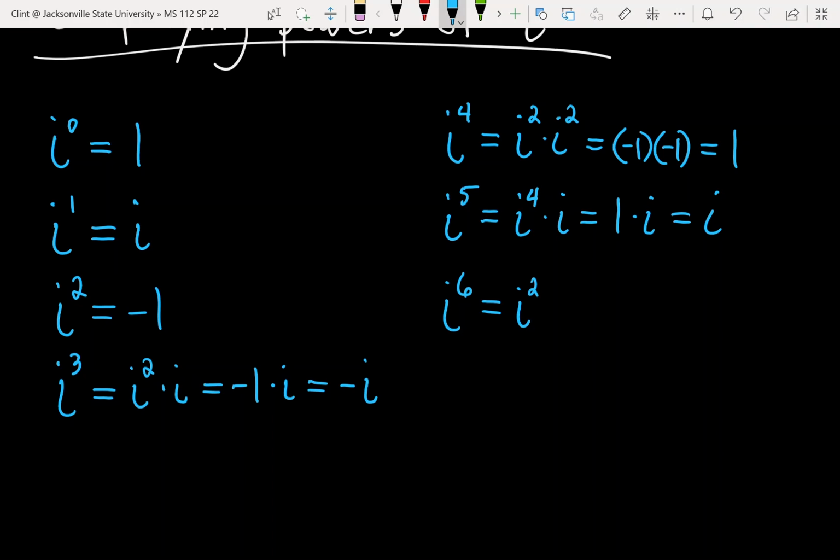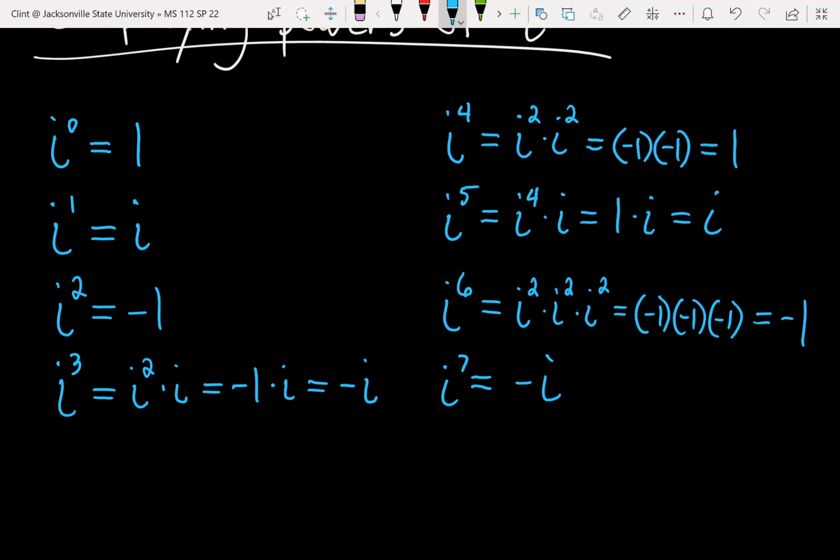And one way you could break that down is i squared times i squared times i squared. Because we know that one, that's negative 1 times negative 1 times negative 1. Negative 1 times negative 1 is 1. 1 times negative 1 is negative 1. How about a guess on i to the seventh? It is negative i. Okay.